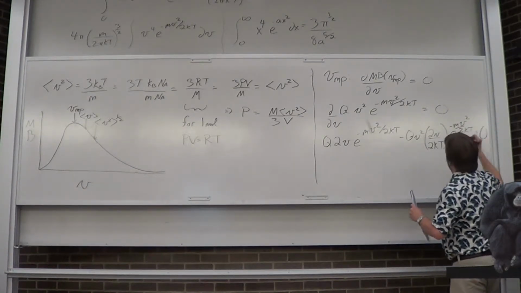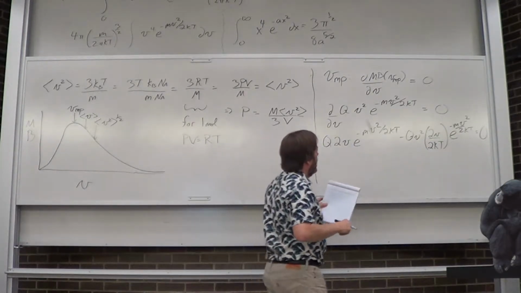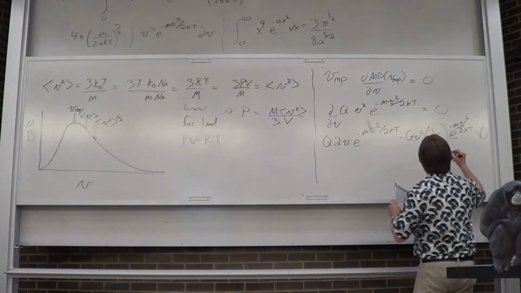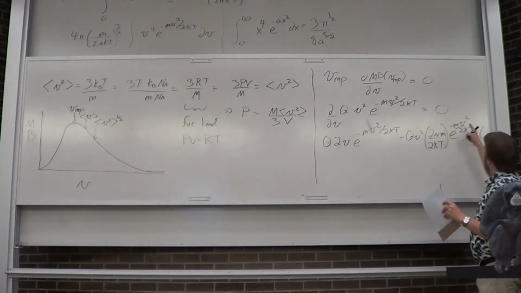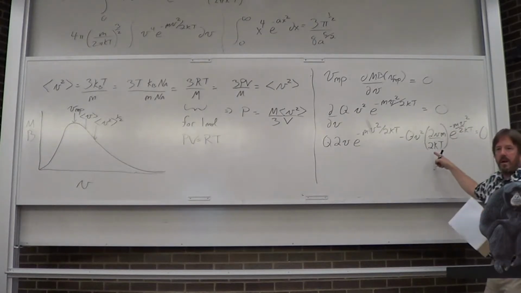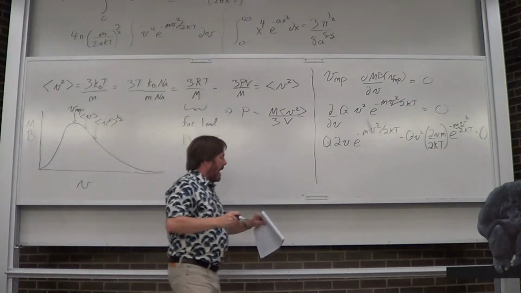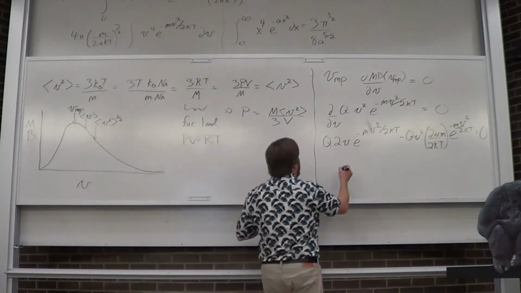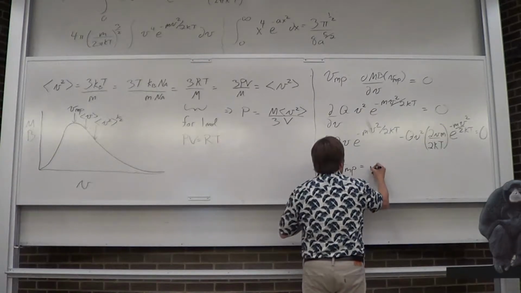I set that equal to 0. Am I missing the mass, the m, in between the parentheses? 2mv, right? I got it? Yeah. Okay. I'm not going to spend any more time on this because it's really just a matter of algebra. You end up with this.